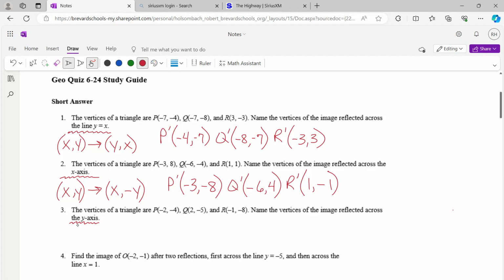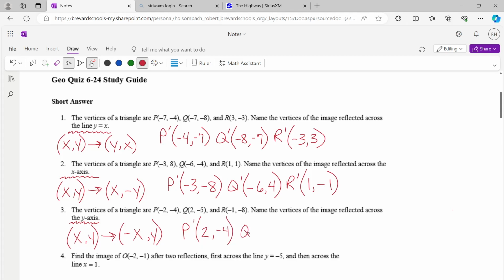The shortcut when reflecting across the y-axis is that for every x, y after the reflection, our x value will be opposite and our y value will be the same. X value will be opposite, y value will be the same. So P prime will be located at, the opposite of -2 is 2, and we keep the y the same, -4.